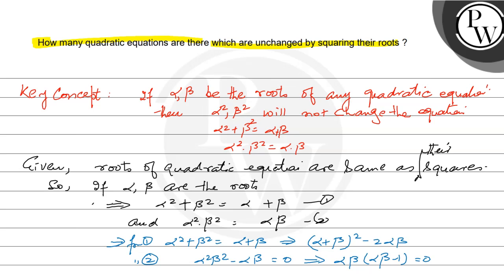So what it shows? Either alpha beta product will be 0 or alpha beta will be 1. Right? So I can write alpha will be 0, beta will be 0, or their product will be 1. Now let us see for alpha equal to 0, I will take one by one.